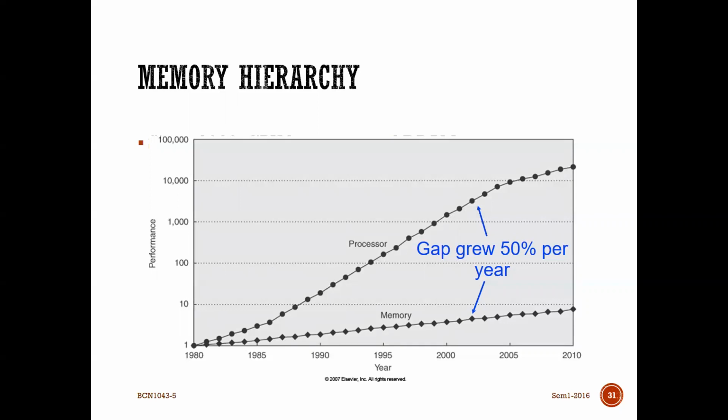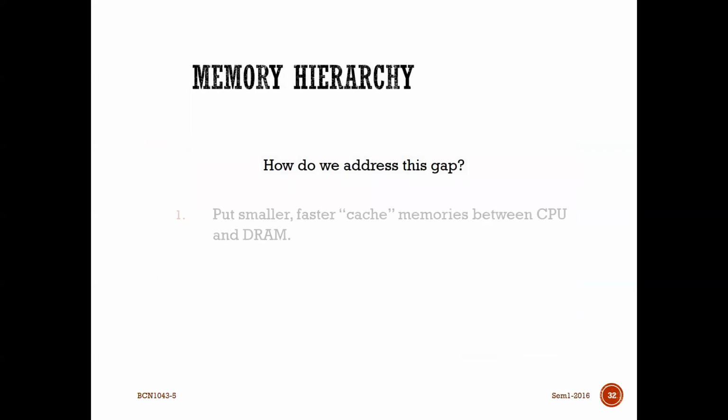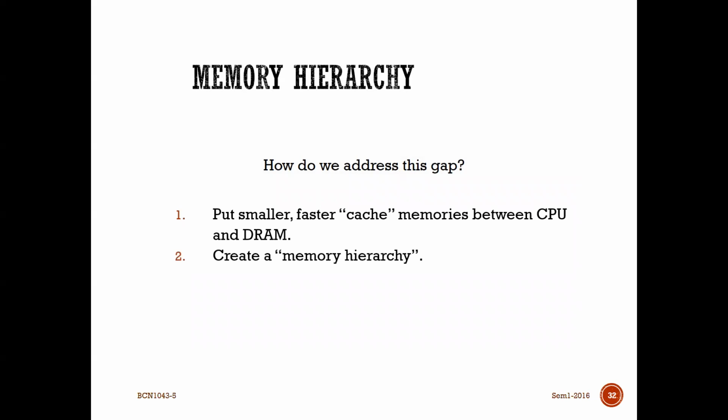This is the memory hierarchy. Every year memory capacity will be increasing. The gap between memory and processor speed grows more than 50% per year. How do we address this gap? Put a smaller, faster cache memory between the CPU and RAM, and create a memory hierarchy.